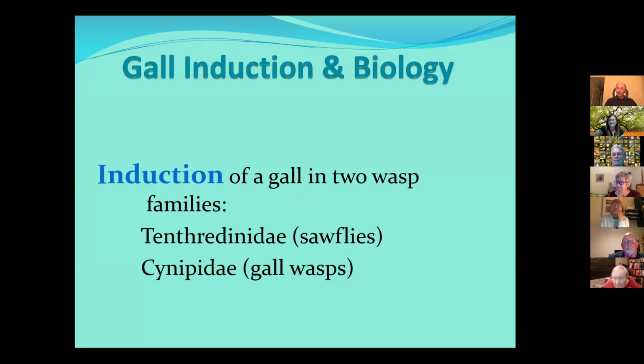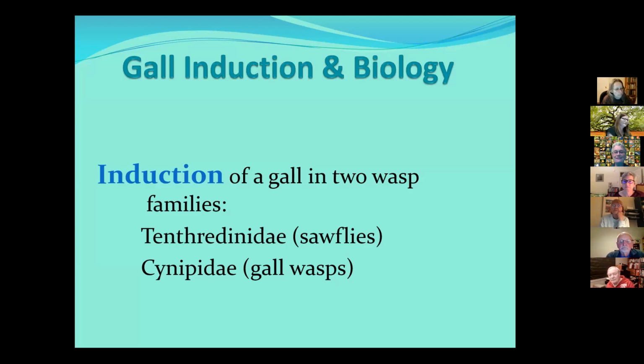Okay, I'm going to tell you what we know about cecidogenesis. Cecidogenesis is how you generate a gall. I'm going to give you 2 examples to start with, because these are both Hymenoptera.